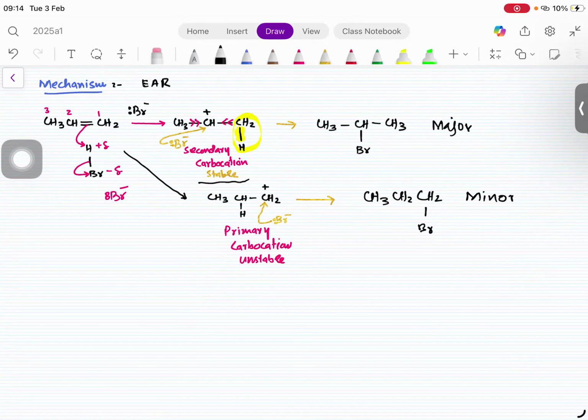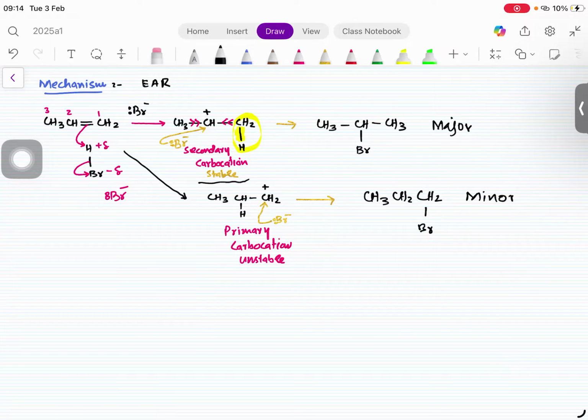What I said is that when an unsymmetrical alkene is added with HBr, two products are formed. One is major, one is minor. We explained why, because we know that electrophilic addition takes place in how many steps? Two steps. In the first step, the carbocation intermediate is formed. There are two types of carbocation intermediates formed, one primary and one secondary.